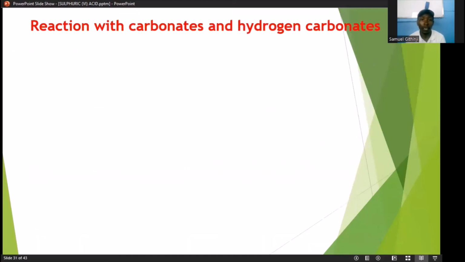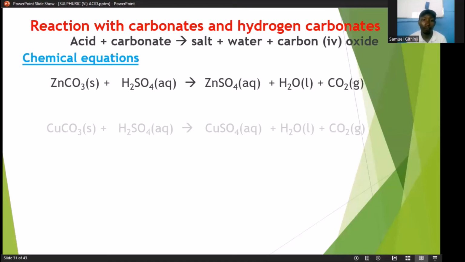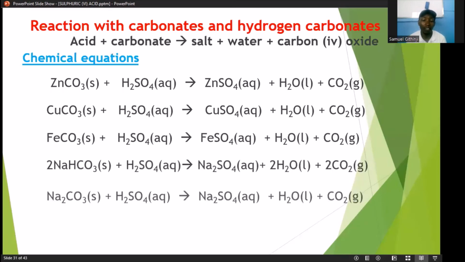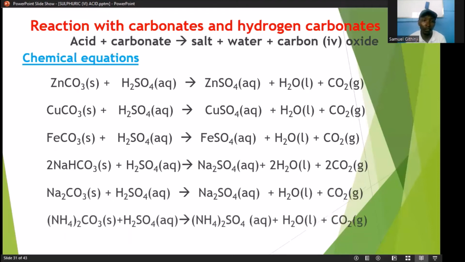We go on with the carbonates and hydrogen carbonates. As usual, acid reacts with the carbonate, you get salt, water, and carbon dioxide. I've selected a few examples for you there, you can observe what exactly is happening. For my students, kindly try to practice how to write these chemical equations, because the reactions will keep on repeating themselves and they will always be the same.